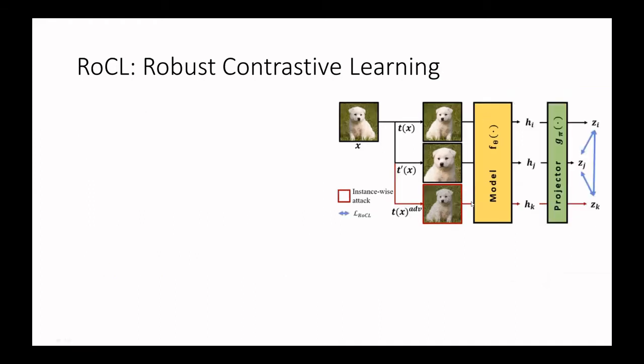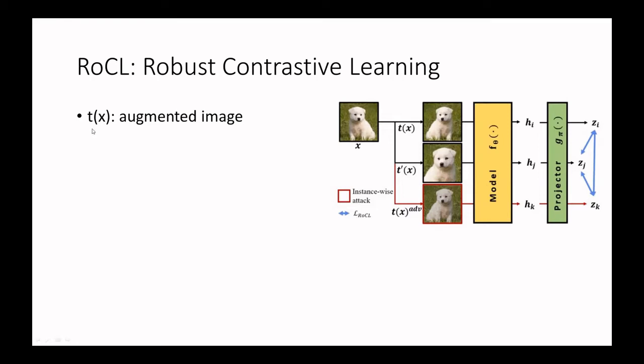So here, instead of the two transformation images, one additional adversarial image is passed through the encoder to get the image representations, which are HI, HJ, and HK. These are then passed through the projection layer, which gives the 128 dimensional latent representation, where we maximize the agreement by considering the contrastive loss.